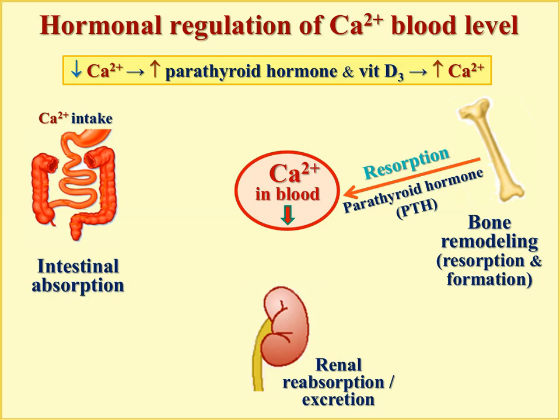And osteoclasts start to produce their resorption, which is a degradation of bone tissue and release of calcium into blood. So the faster type of effect and the longer type all result in higher calcium blood level.